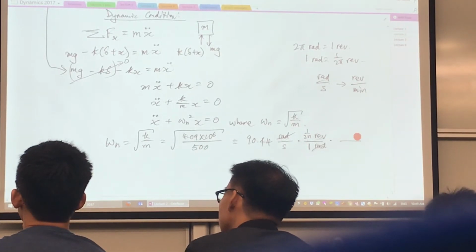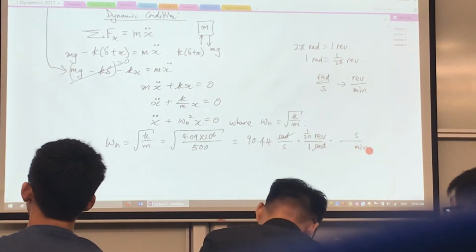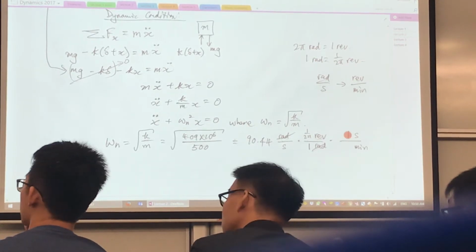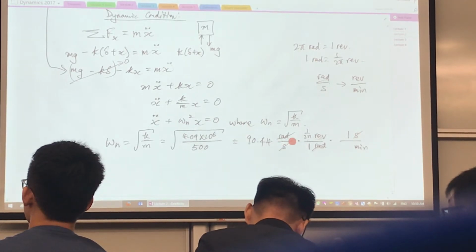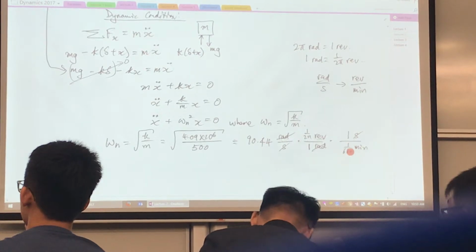Now let's look at seconds. Change seconds to minutes. So I can't put any number except 1, so that this second and second could be cancelled. But 1 second, how many minutes is that? 1 over 60.